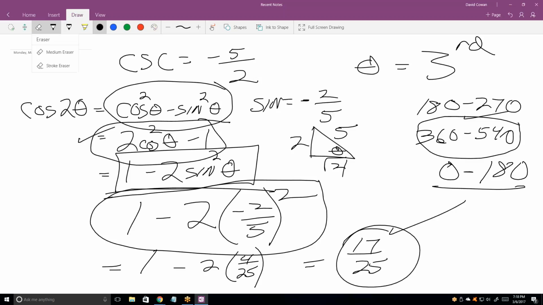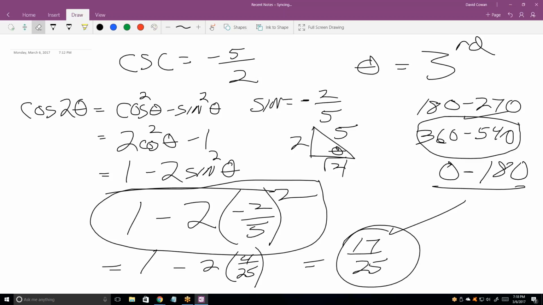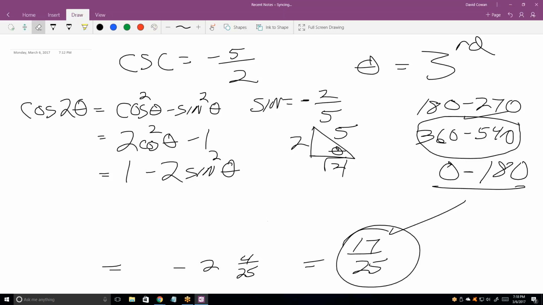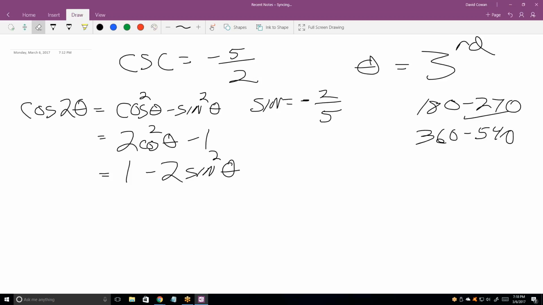Also notice the similarities in these. In other words, this might look hard to memorize because there's 3 of them. But not really. There's a lot of similar stuff going on here. First of all, 3 of them have subtraction, no addition, right? This one, there's a 2 in front of the trig function that's being squared in the bottom 2.